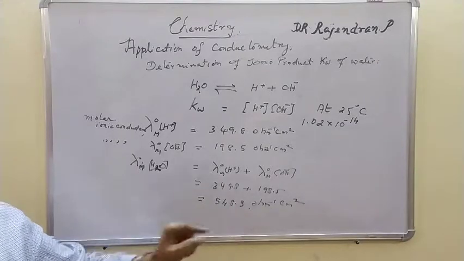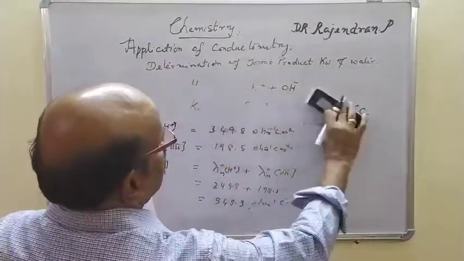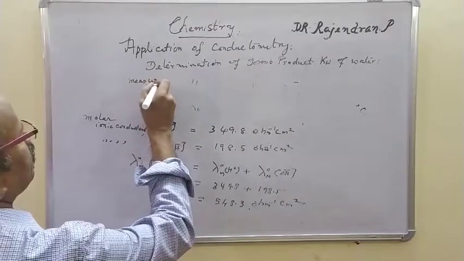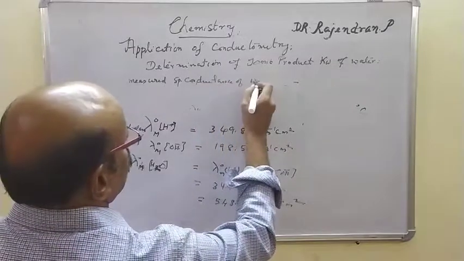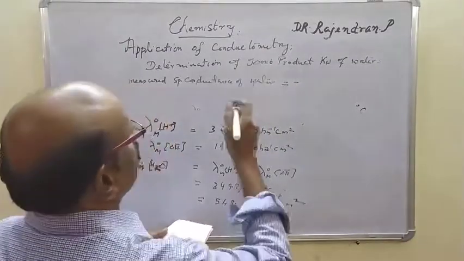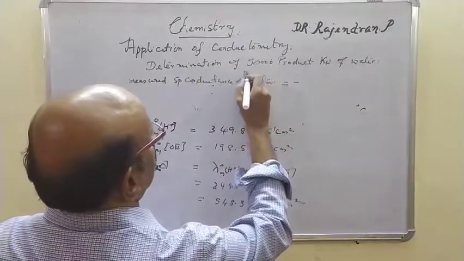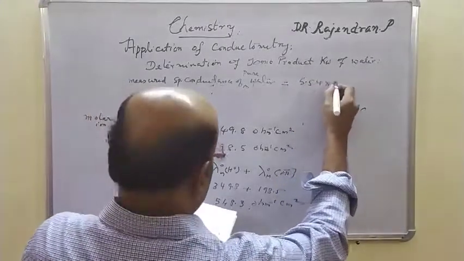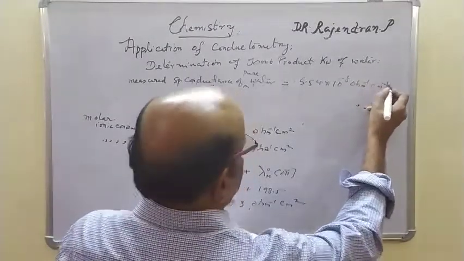Then the measured specific conductivity of water, as also obtained by conductometric measurement, for a pure sample of water is equal to 5.54 into 10 raised to minus 8 ohm inverse centimeter raised to minus 1.